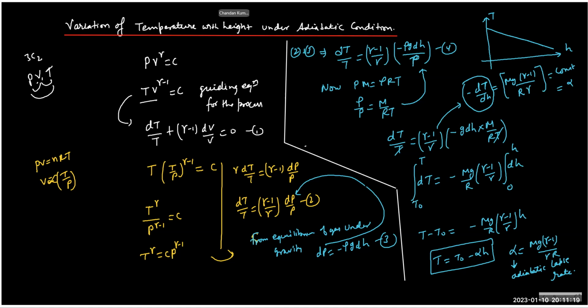Is this clear, guys? In fact, as you go up, the temperature will fall, I think for every 165 meters, by 1 degree Celsius. I think this is what we studied in high school in geography, maybe.